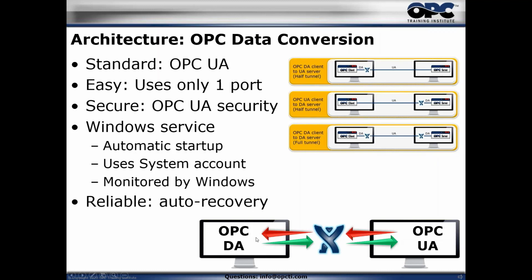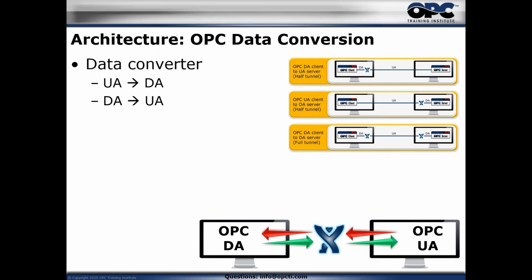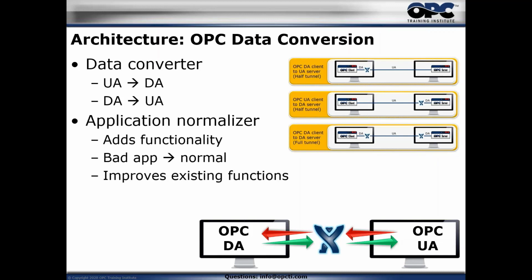So again, what this enables you to do is to have OPC DA on one side and OPC UA on the other. Using this converter, it just converts from one to the other. Whether you have an OPC UA client or UA server, or DA client or DA server, it will make that conversion. Now, again, data conversion, as I said, from UA to DA, DA to UA. And it becomes an application normalizer as well.